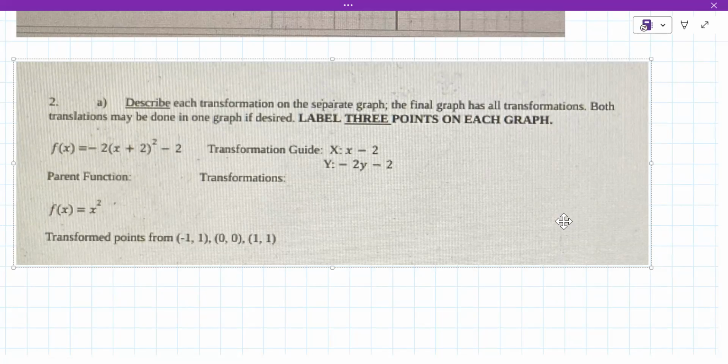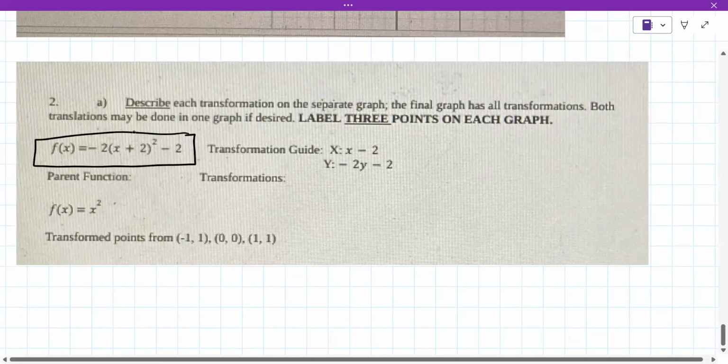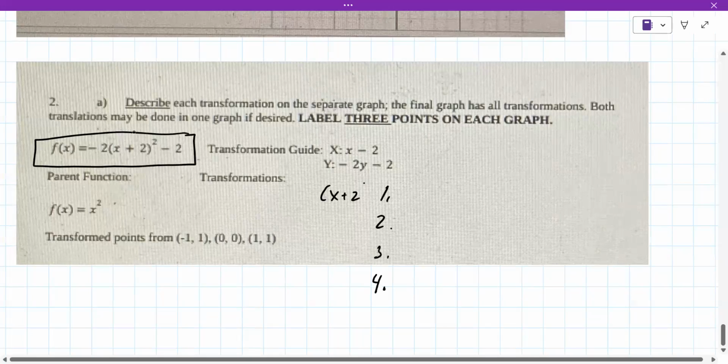So we're supposed to be able to look at something like this: f of x equals -2 times (x plus 2) squared minus 2, and determine all the transformations. That's critical. Do you know what's happening here? What is the x plus 2 in parentheses? What does that do?